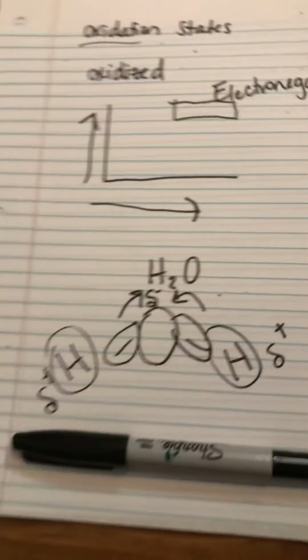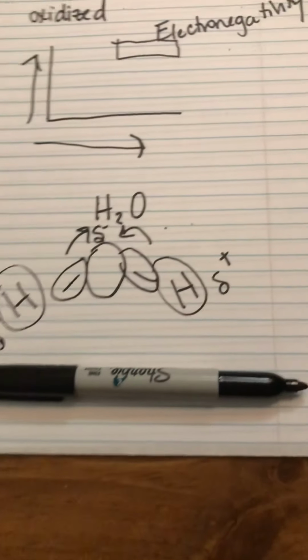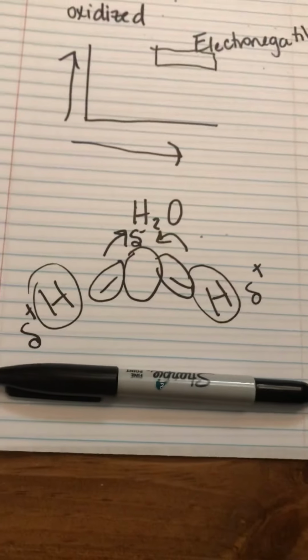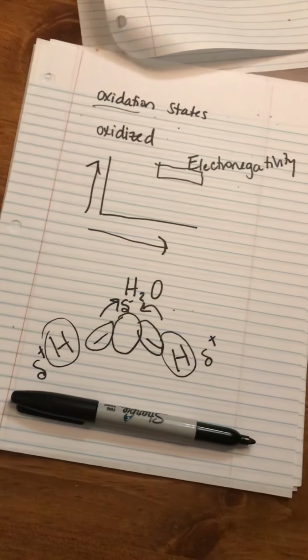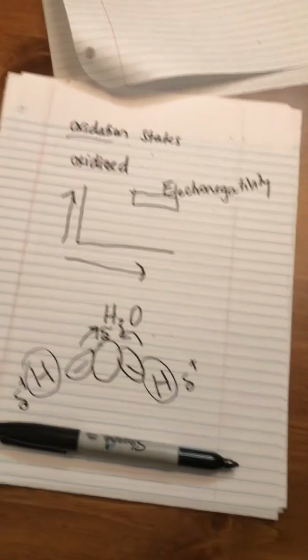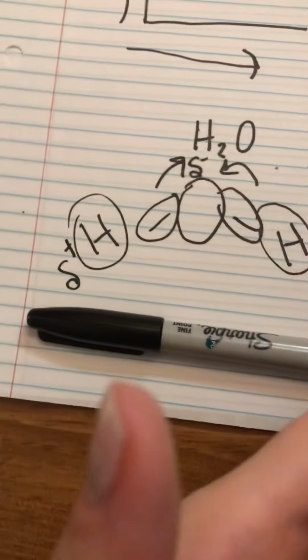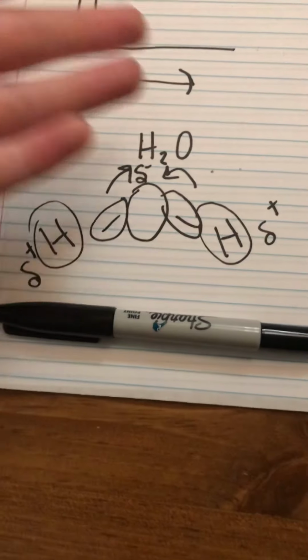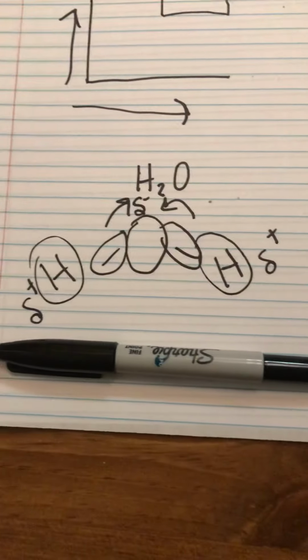All right. So this makes things kind of confusing, because when we think about oxidation states, we're looking at: did it gain an electron? Did it lose an electron? You can't really do that with a covalent bond, because hydrogen didn't gain or lose an electron, and neither did oxygen. They're sharing them.